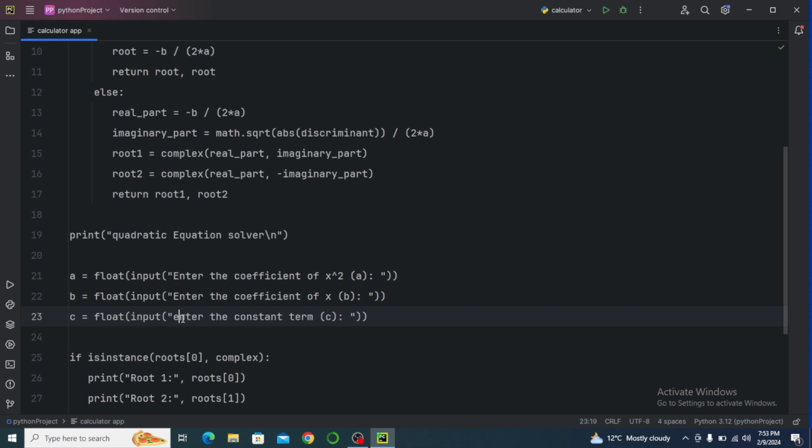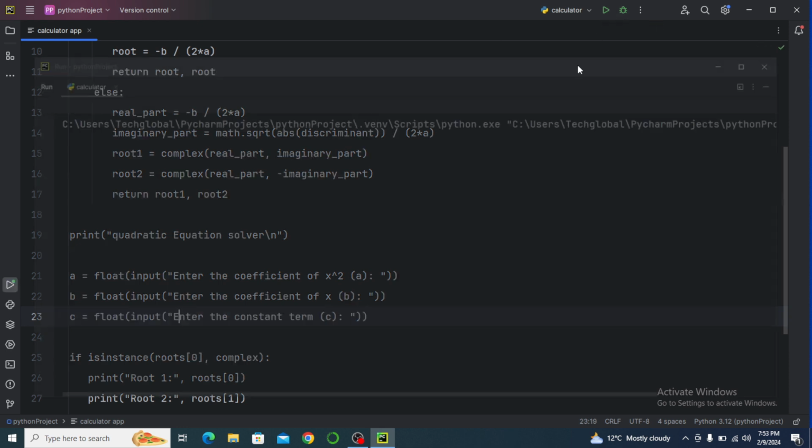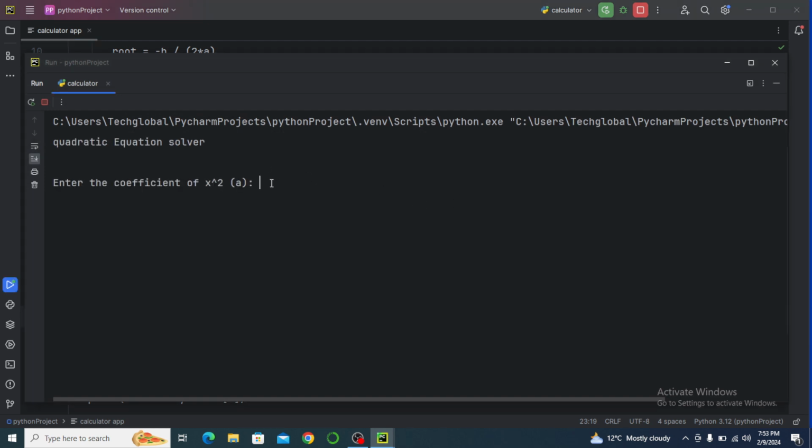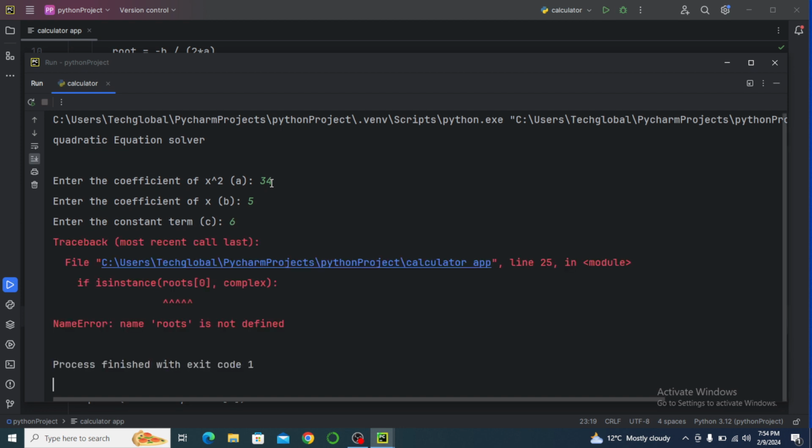Okay, let's correct this. Let's try to rerun the code again. So let's use 34 as usual, let's use 5 for our b, and for our c, let's use 6. This is supposed to give us a complex root.